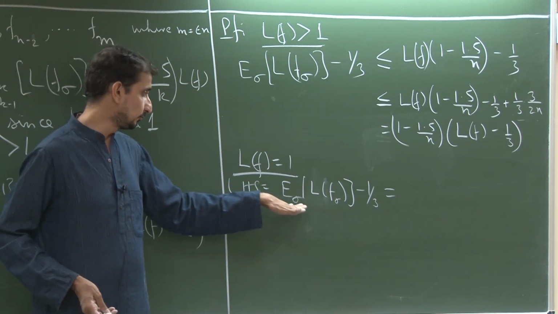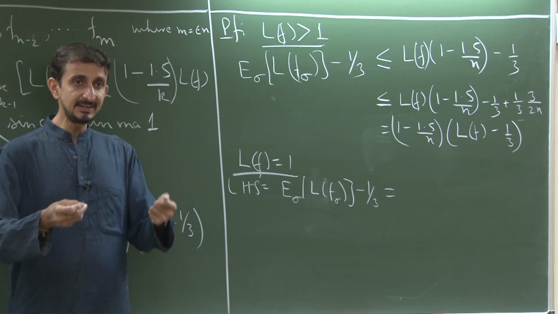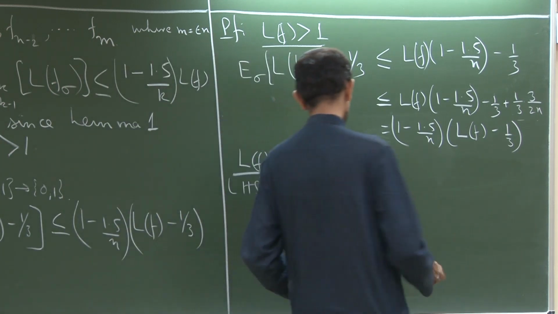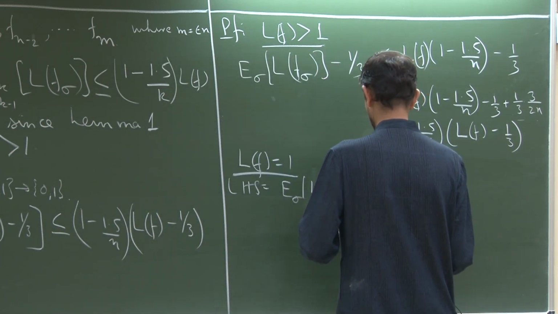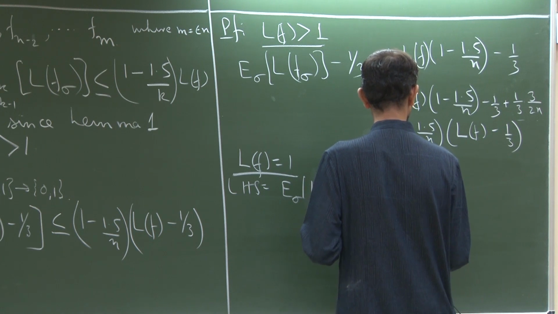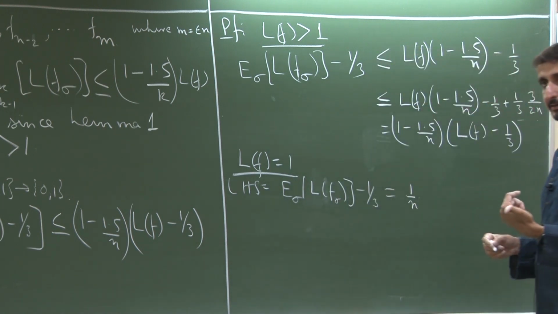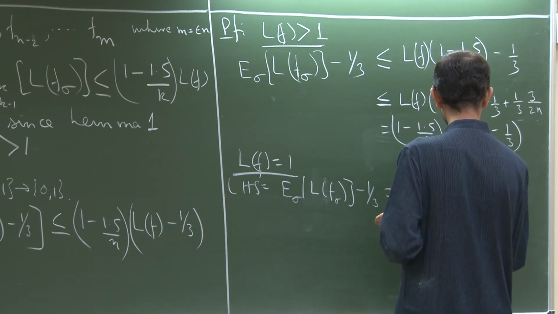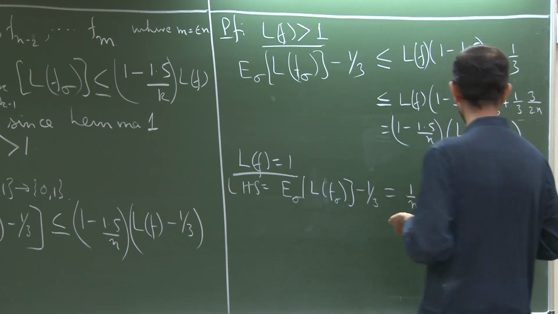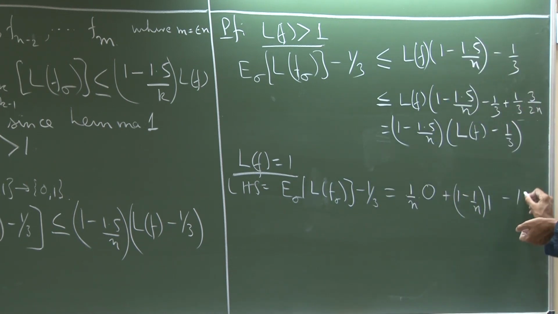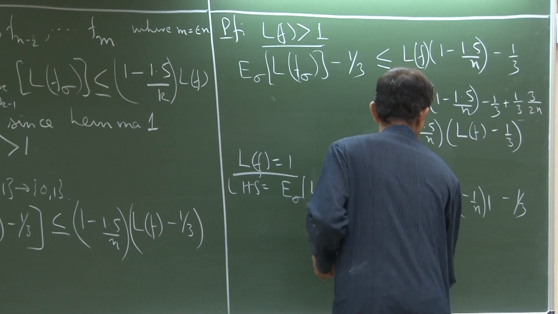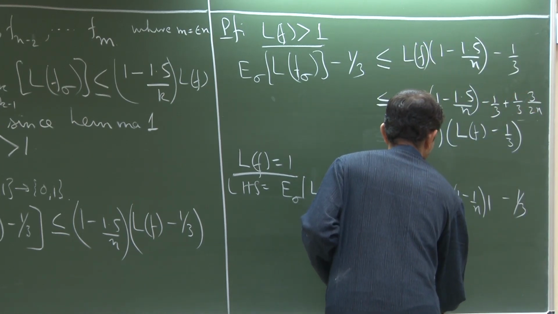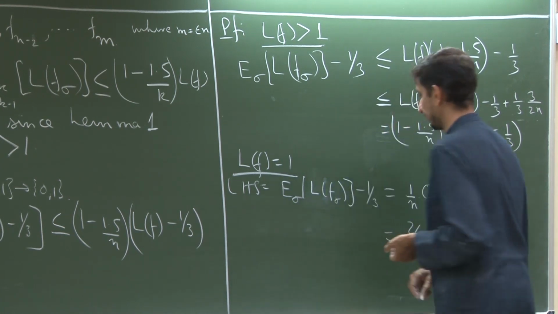And I am looking at the expectation. The probability that I pick that particular variable is 1 over n. If I pick that variable, the size becomes 0, and for all the other variables, with probability 1 minus 1 over n, the size remains 1. So, this is 1 minus 1 over n minus 1/3, which is 2/3 minus 1 over n, right.